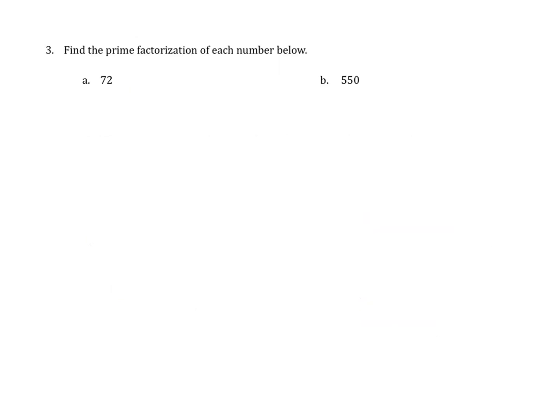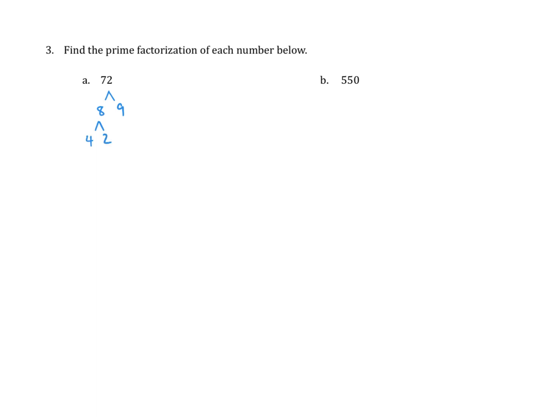Here are 2 more examples. I recommend you try them yourself first and pause the video, but I will also demonstrate. So for 72, I'm going to break that down into 2 of its factors. I could do 6 and 12. I could do 8 and 9. It doesn't matter what you pick. I'm going to do 8 and 9. 8 is composite, so I break that down to 4 times 2.